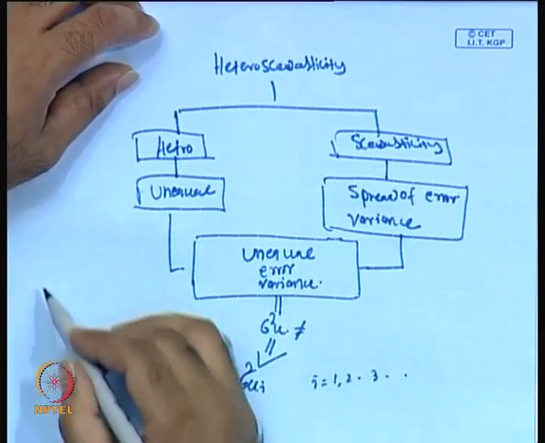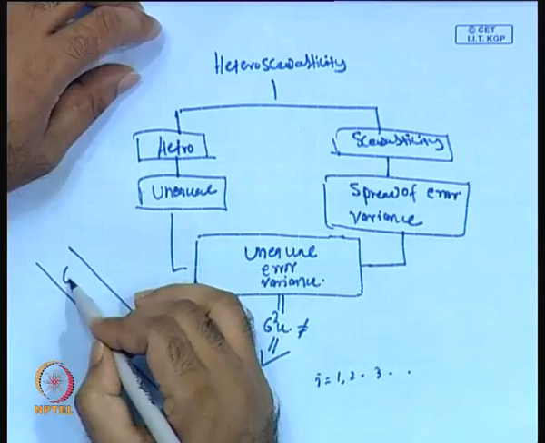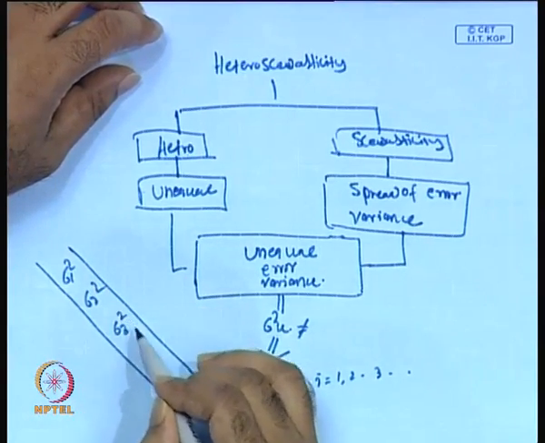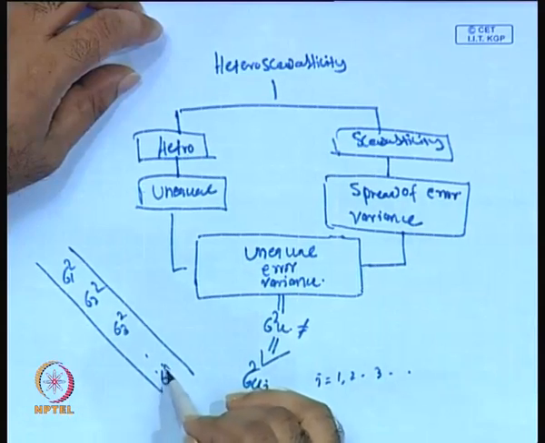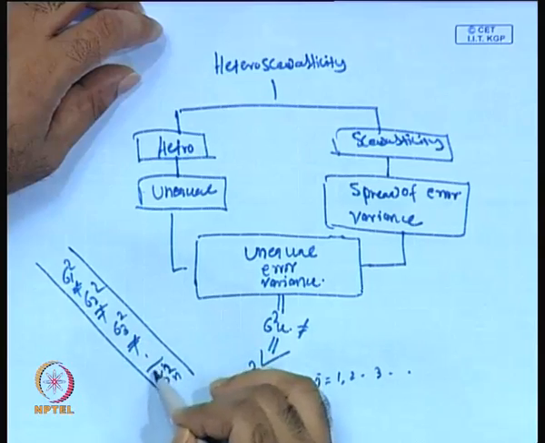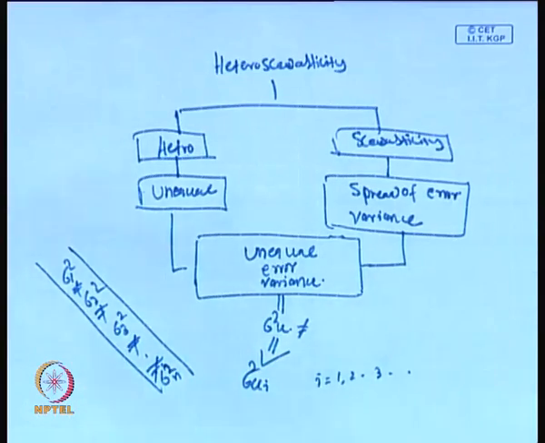The structure we have created here is sigma square 1, sigma square 2, sigma square 3, like this up to sigma square n, and they are not equal, not equal, not equal. So this is what heteroscedasticity is all about.